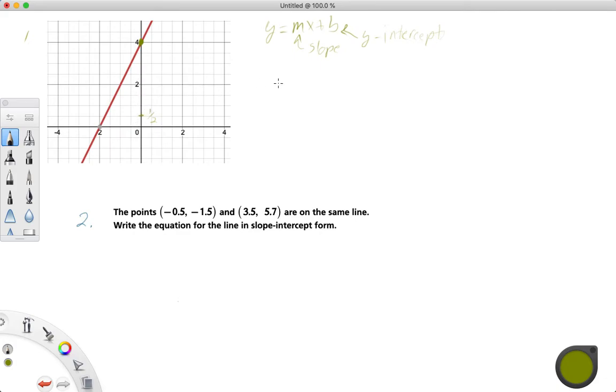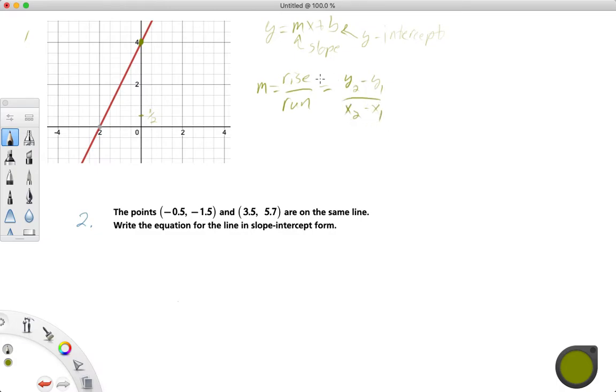Okay, so we need to find the slope, and the equation for the slope, if you remember, is rise over run, right? How much do we go up or down, if it's negative, over how far left and right do we go? Okay, so rise over run, which the actual equation is y2 minus y1 over x2 minus x1.